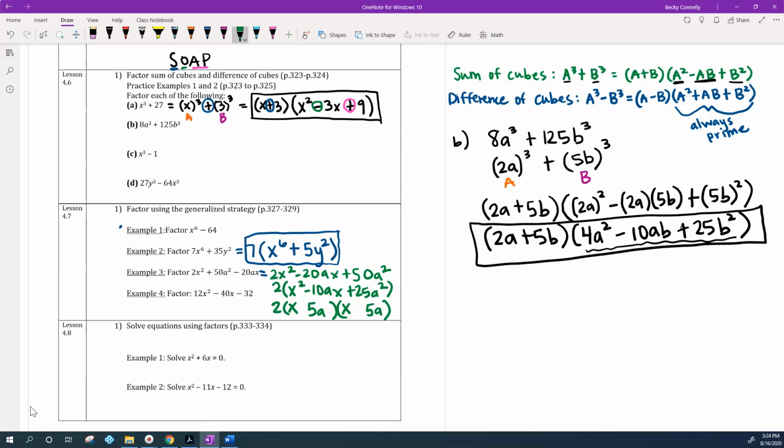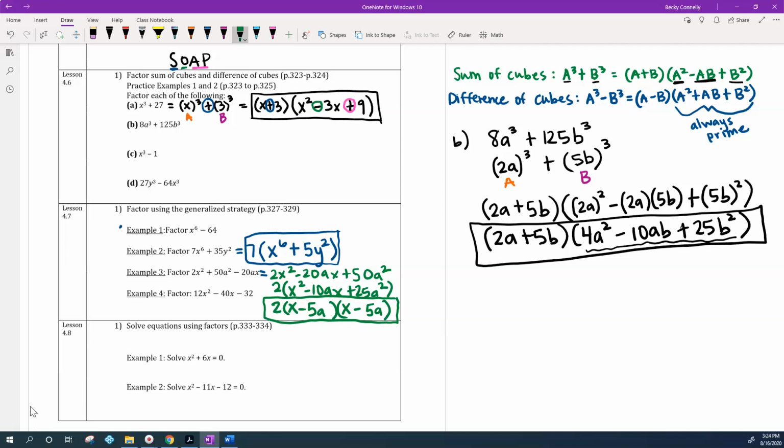But in order for them both to be negative, I would need it to be negative on both of these. And so then that would be my answer. And you could write it as 2 times the quantity x minus 5a, all squared, since those are the same term there.